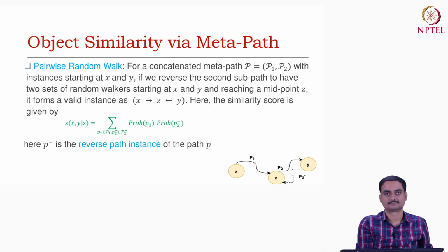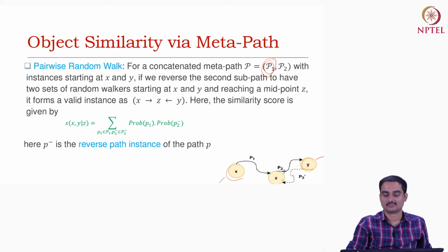Pairwise random walk. The idea is the same as random walk, but here you start from two different nodes. So again, similarity between X and Y given a particular intermediate node Z. What is the probability that I follow a particular metapath P1 from X and reach Z, and what is the probability that I follow P2 starting from Y and reach Z?